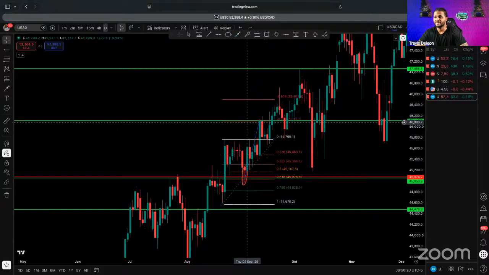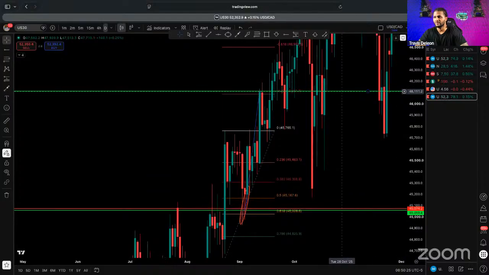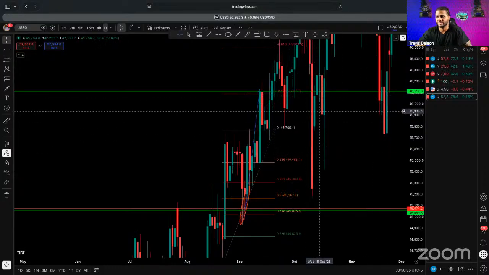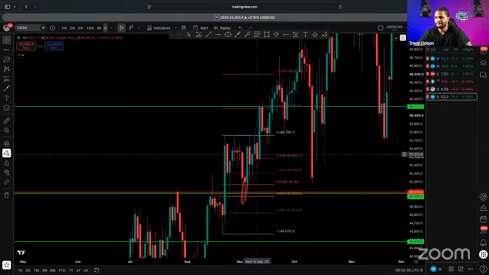So that 0.27 level falls right into that weekly supply and demand zone area. That would have been a perfect trade to carry all the way up into this level, you know what I mean? Probably get out a little bit early, 20 pips early, 30 pips early, that's totally fine.